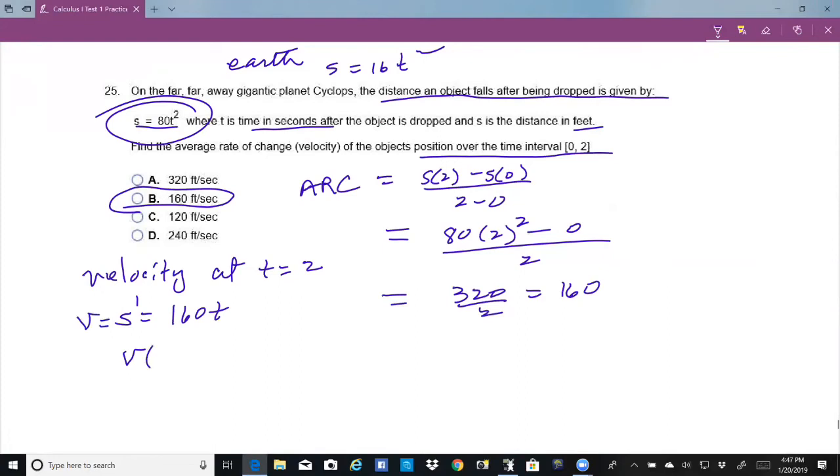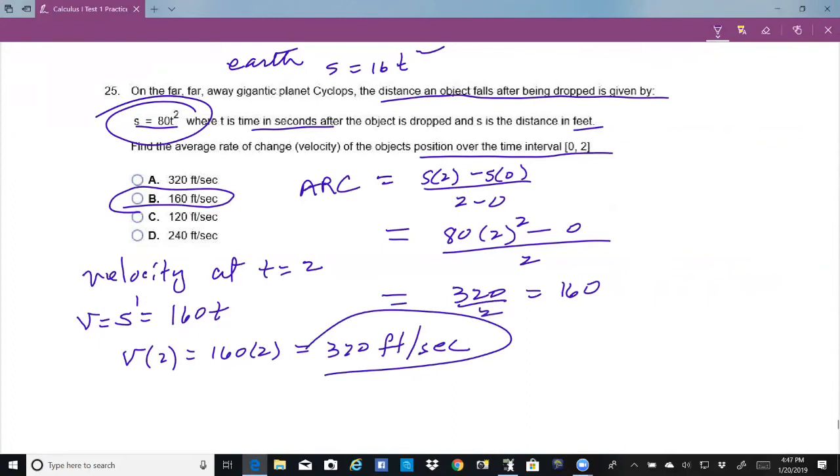The velocity at 2 would be 160 times 2 equal 320 feet per second. So the instantaneous velocity is 320 feet per second at t equal 2. The average velocity from 0 to 2 was 160.